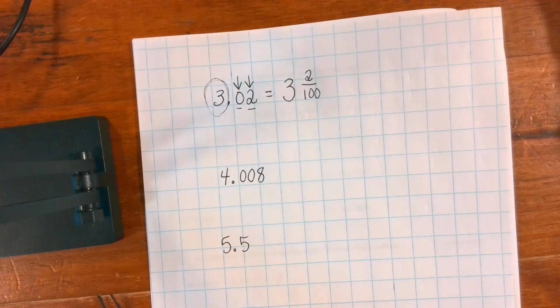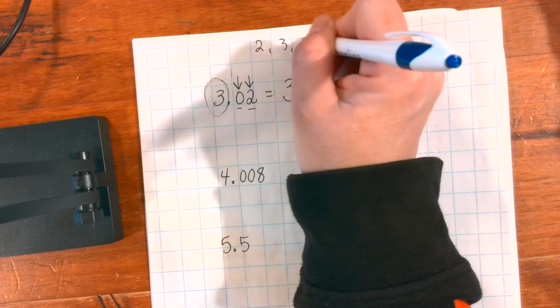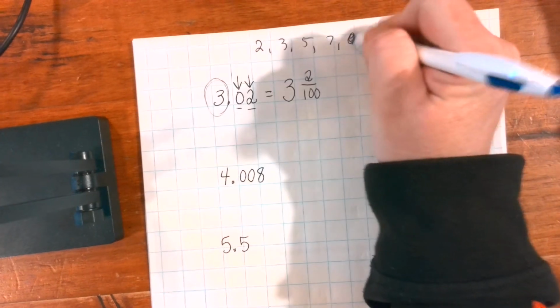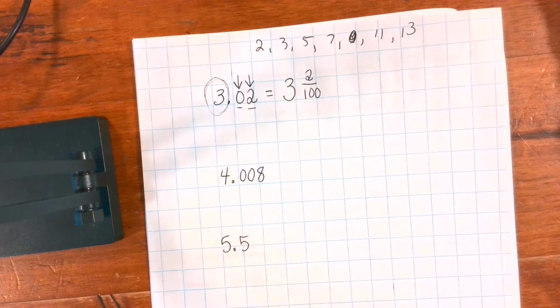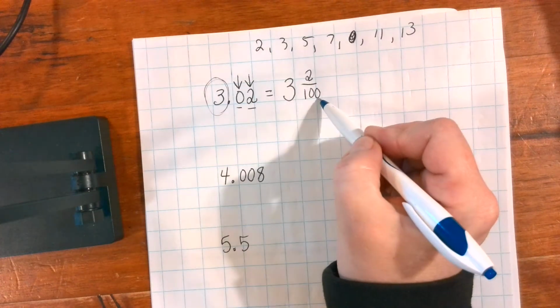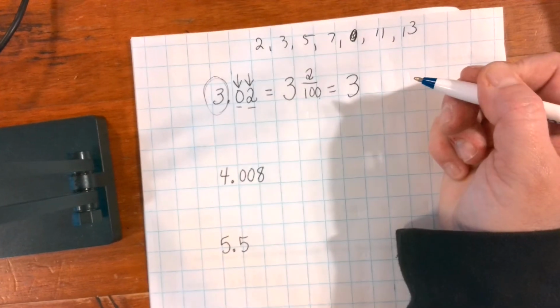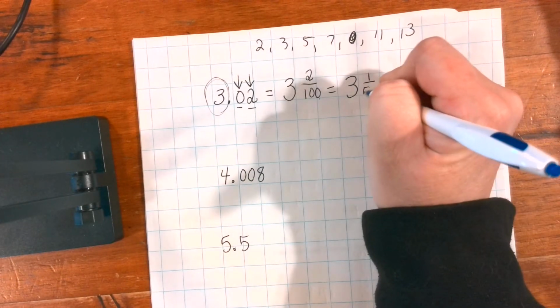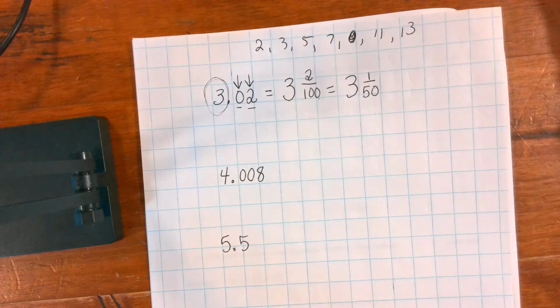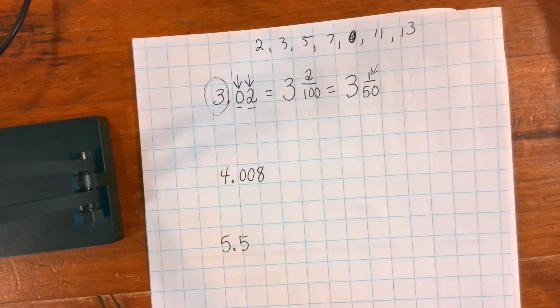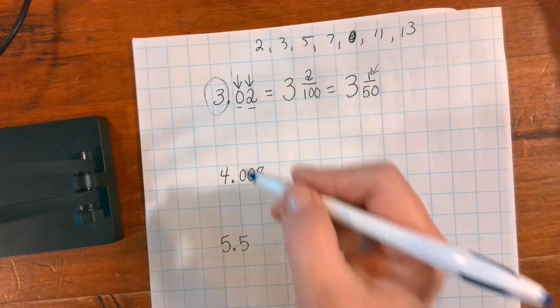And I know that I can reduce because we have 2, 3, 5, 7, 9, and 11. Oh, not 9, 11 and 13. These are both even, which means I can divide them both by 2, 1/50th. And I know if I ever get to a fraction that has 1 as my numerator, that's as low as it can go.